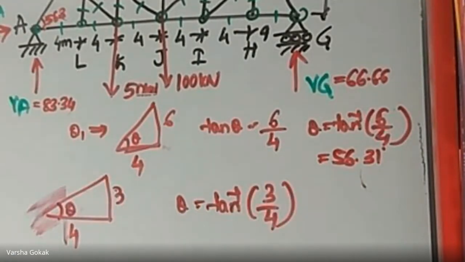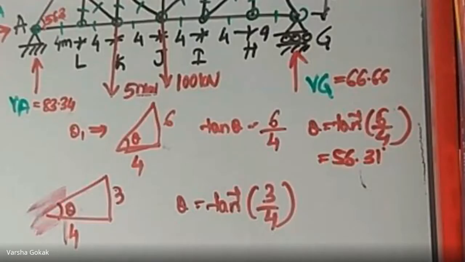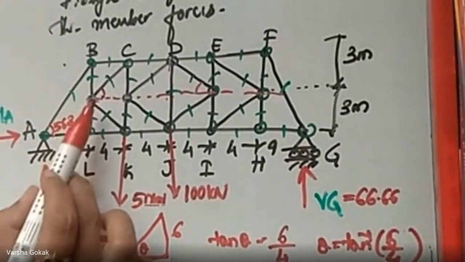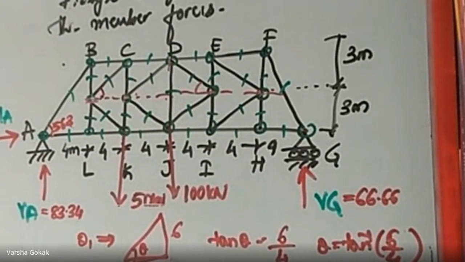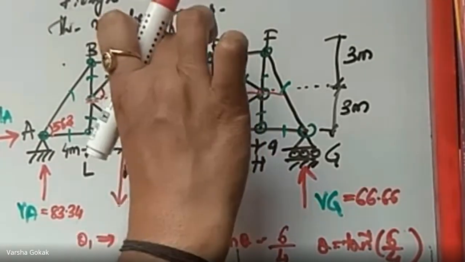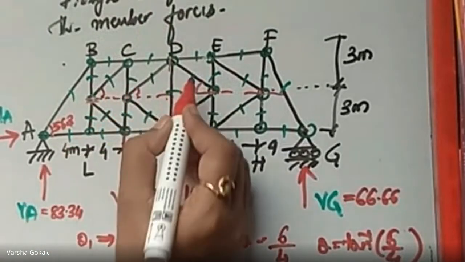Tan inverse 3 by 4 is 36.86. So all these angles are going to be 36.86. 1, 2, 3, 4 upper angles. Agree? Because it is tan inverse of 3 by 4 only everywhere.